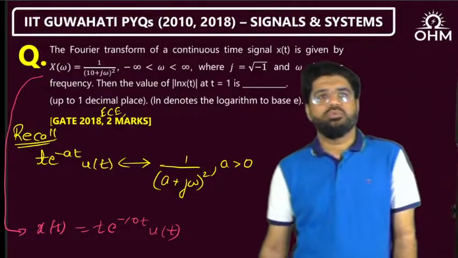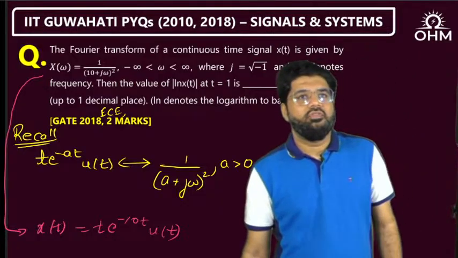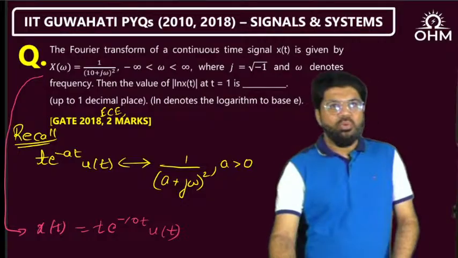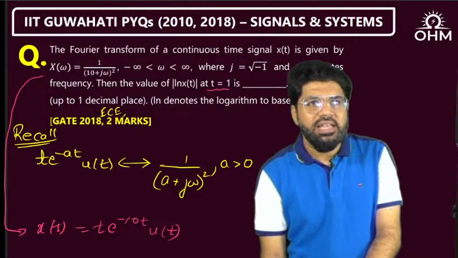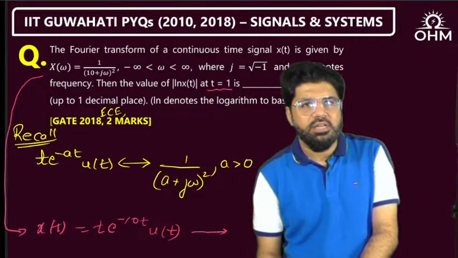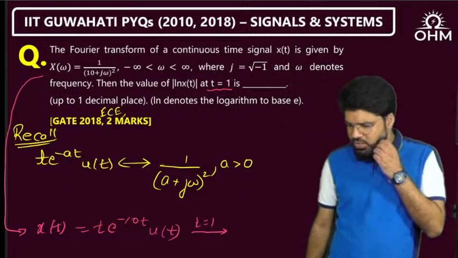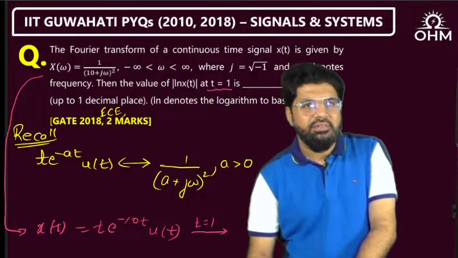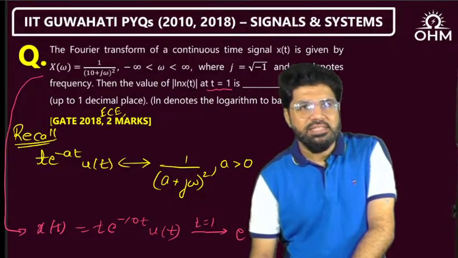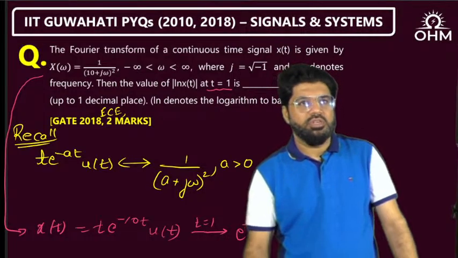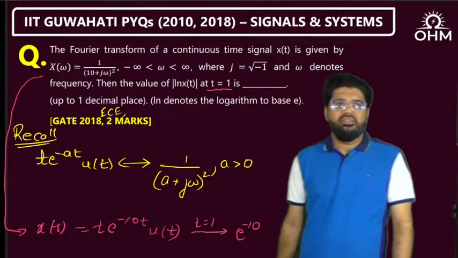Now the question is, what is the value of modulus of ln x t at t equal to 1? Before we take the log, if I just substitute t equal to 1, I will get 1 into e power minus 10. The unit step value will be 1 only because positive time is given. So e power minus 10.